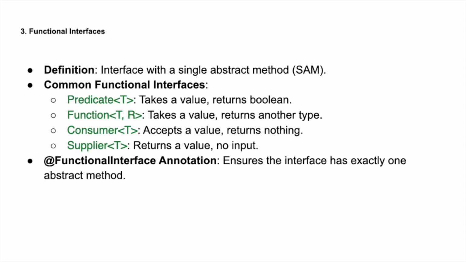So, functional interface is an interface that has only one abstract method, and this is key for lambdas to work. Now, some of the most common functional interface you will encounter are predicate, functions, consumer, and supplier.